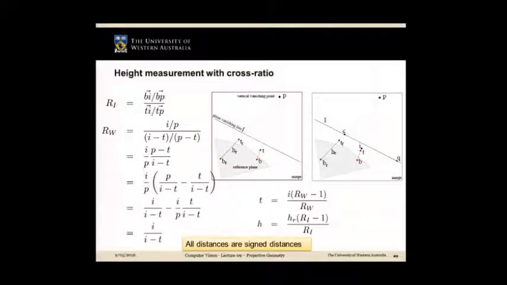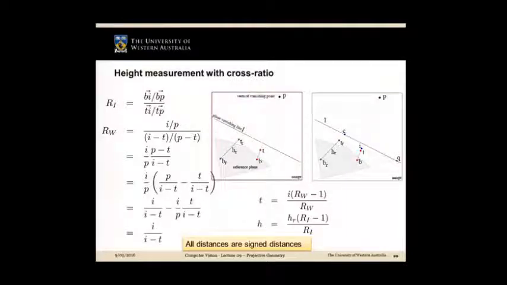Now, if you translate these values into the real world, how will these distances be represented? The distance BI can be represented as I minus B, right? So I minus B basically gives you this height.